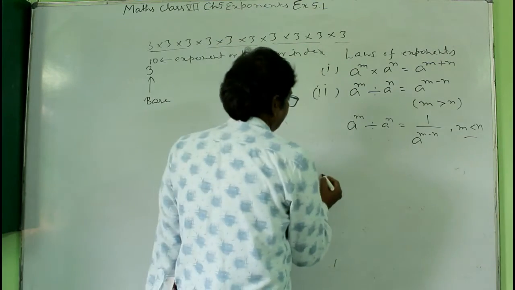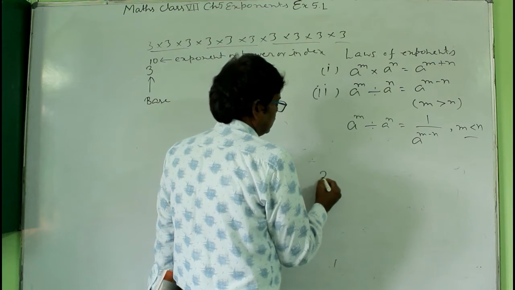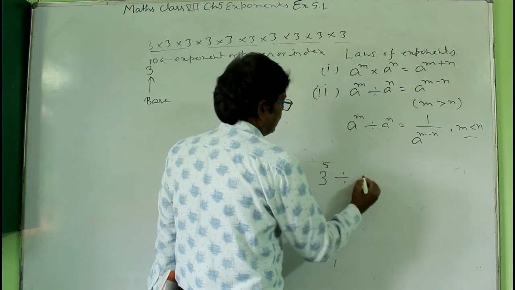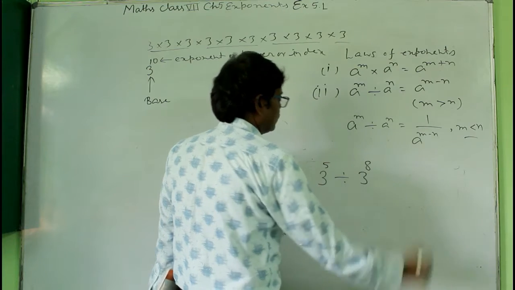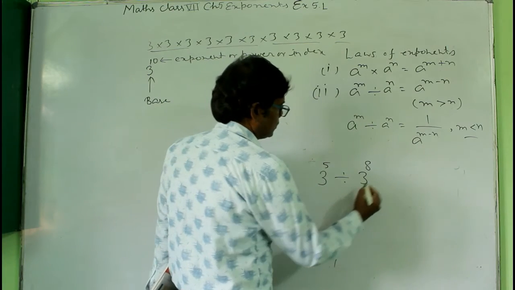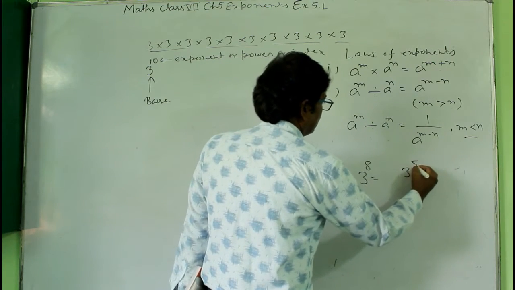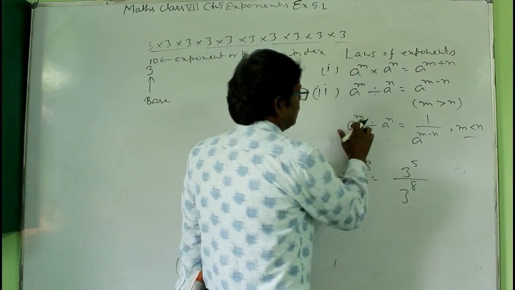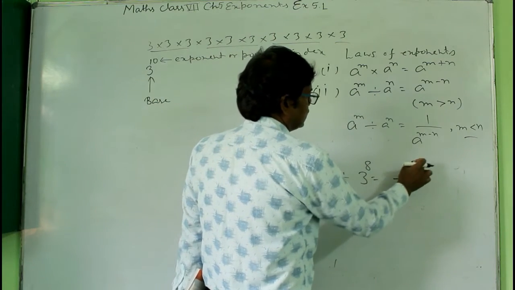Suppose you take 3 to the power 5 divided by 3 to the power 8. Now if you write this, it will be 3 to the power 5 by 3 to the power 8. Here, see that m is less than n, that is 5 is less than 8.